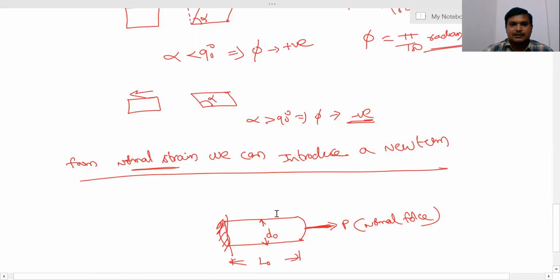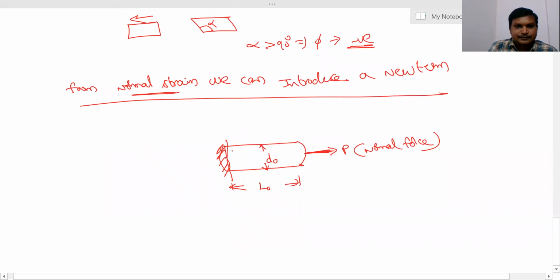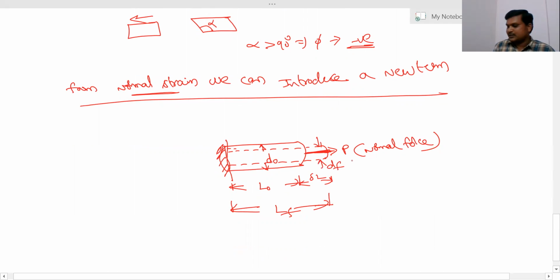The diameter may decrease and the length increases. This is our final length, this is delta L, and this is our final diameter.